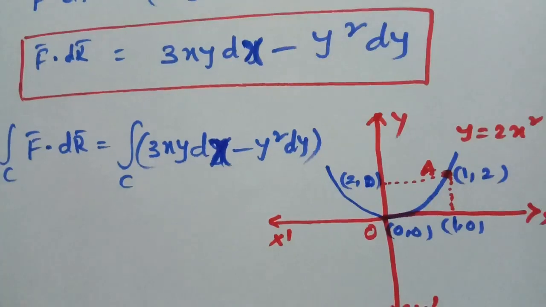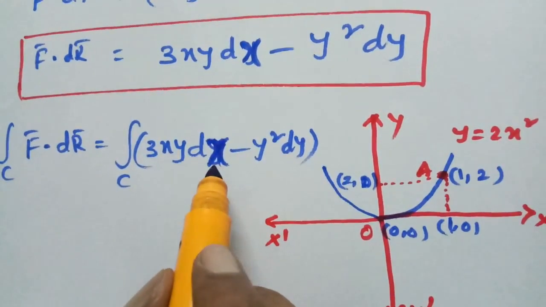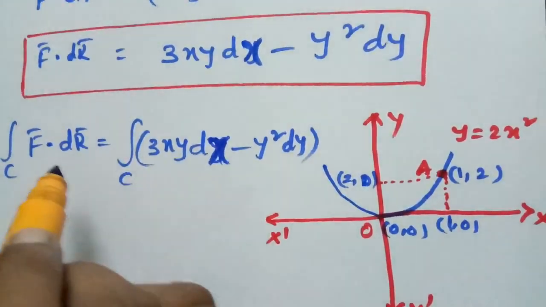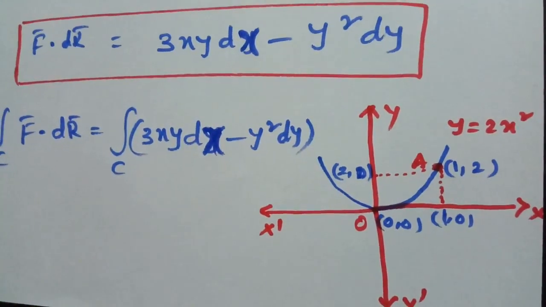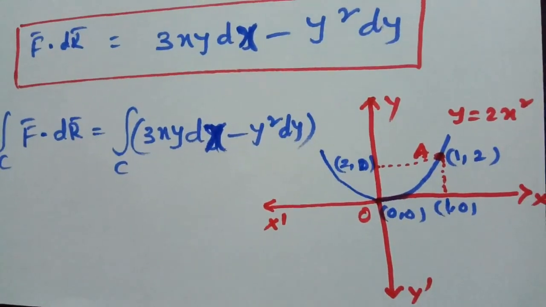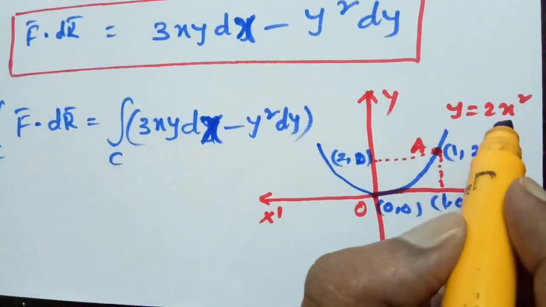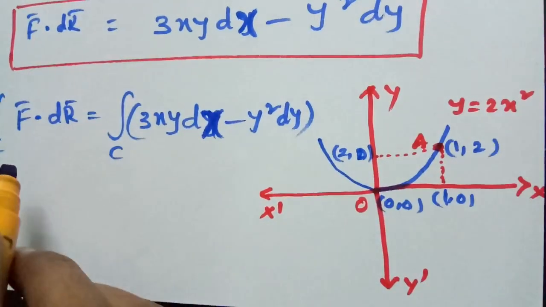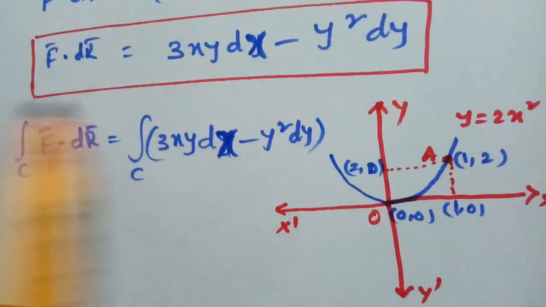So we can transfer the entire integration in terms of y or in terms of x by using the equation y is equal to 2x square. Say this is equation number 1.